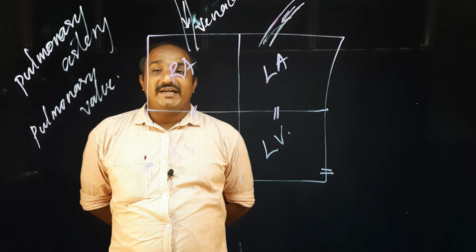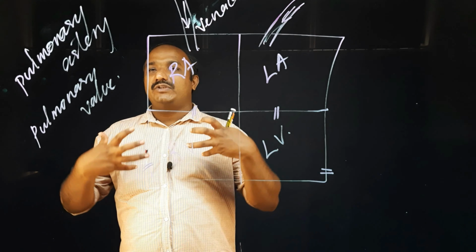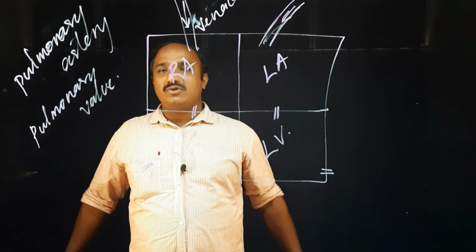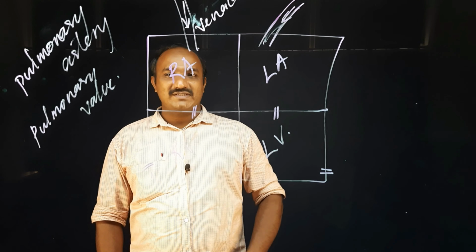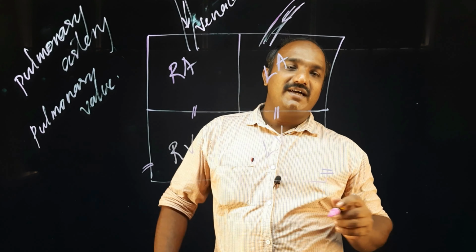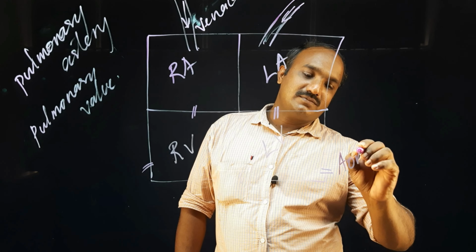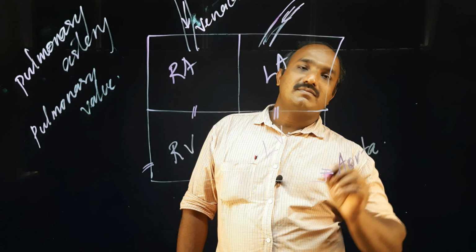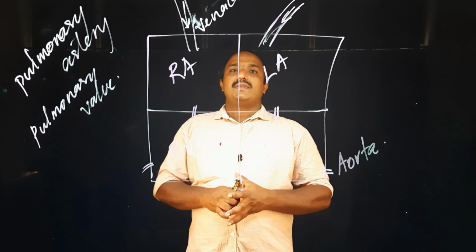Here pure blood is passing out. Where? To the other parts of the body, or to all parts of the body, through another blood vessel that is called the aorta. Okay.